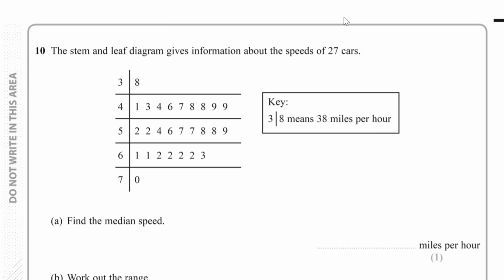Question number 10. The stem and leaf diagram gives information about the speeds of 27 cars. For part A, we have to find the median speed. Well, what we need to do here is cross off from either end till we get to the middle. So those cancel. Then we've got this.